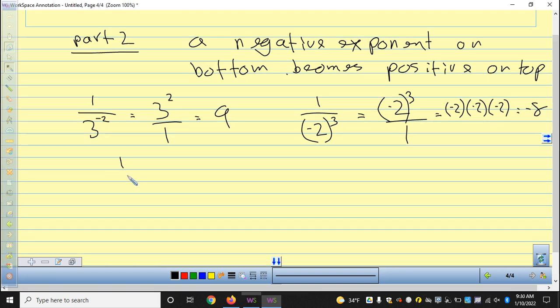And I'm going to say do it with a variable. 1 over x to the negative 5 is the same as x to the 5th over 1. And that's just the same as x to the 5th.